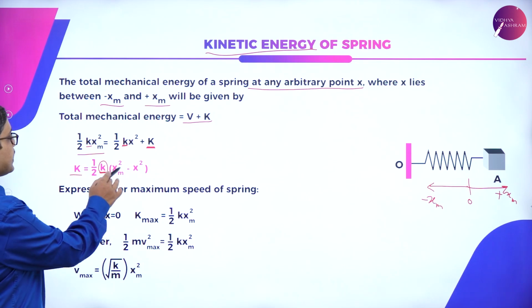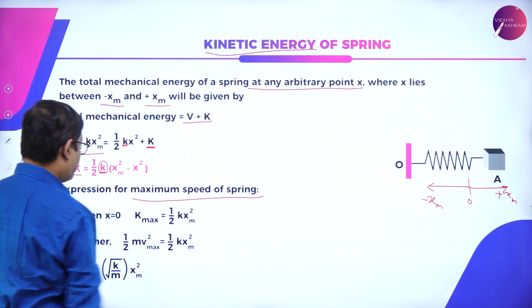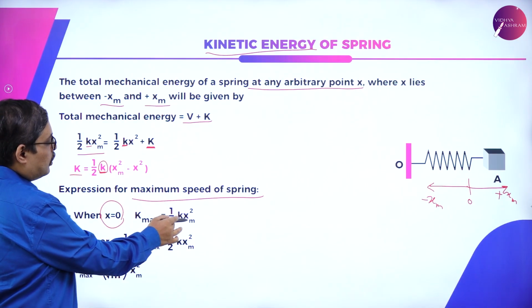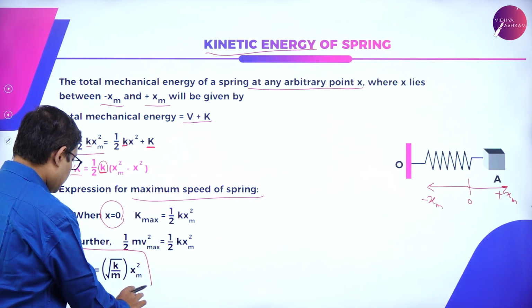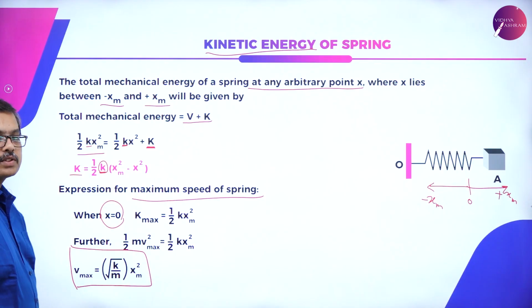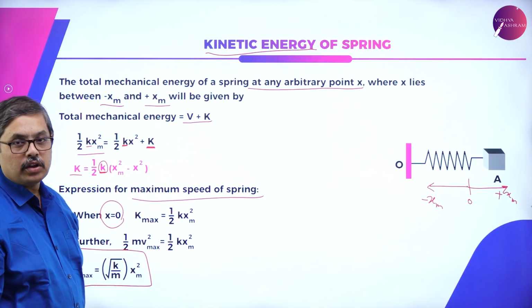Into xm square minus x square. For maximum speed of the spring, when x is 0, K max is given by half into k xm square, or v max shall be given by square root of k by m into xm square. This can be further used if required in the numericals.